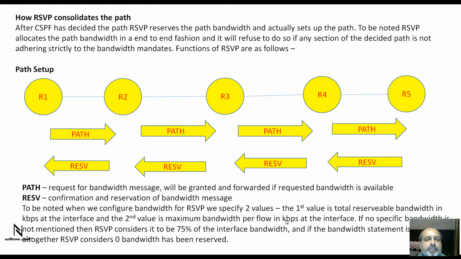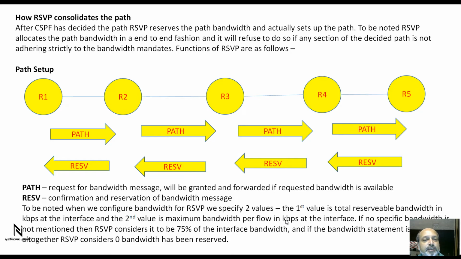Now here, if we just specify the statement as IP RSVP bandwidth and leave it like that, inside the interface without mentioning any bandwidth values, what happens then? RSVP understands that it has to reserve 75% of the available interface bandwidth.